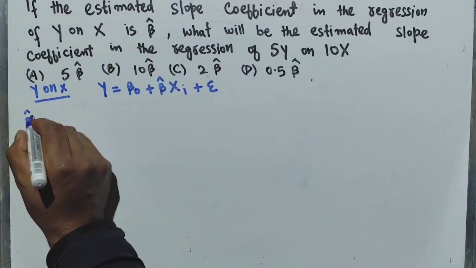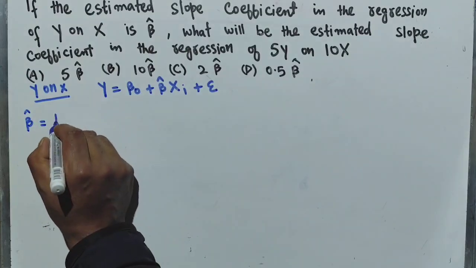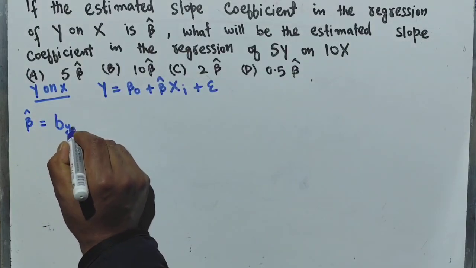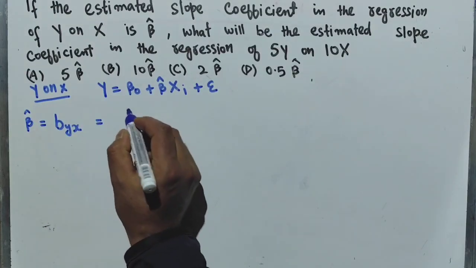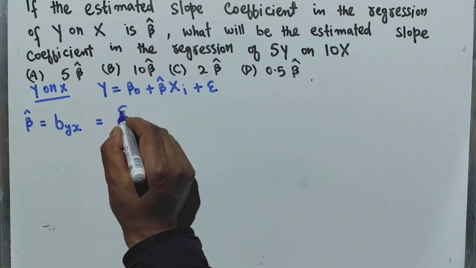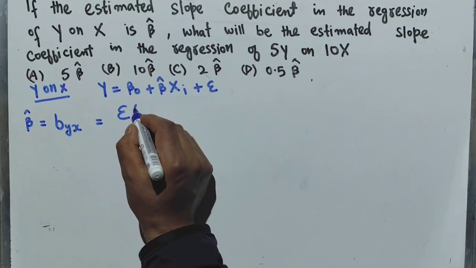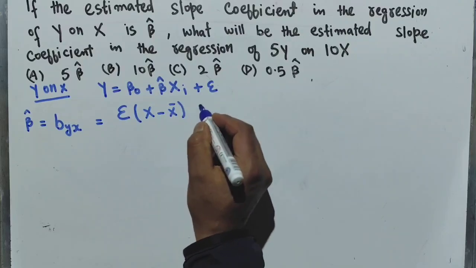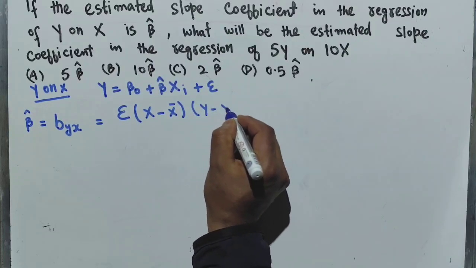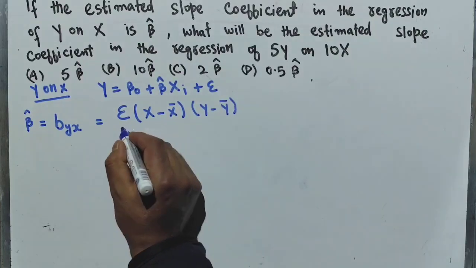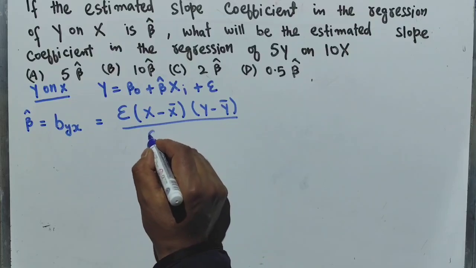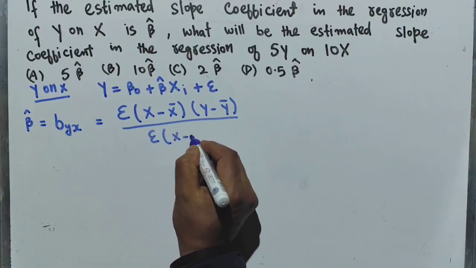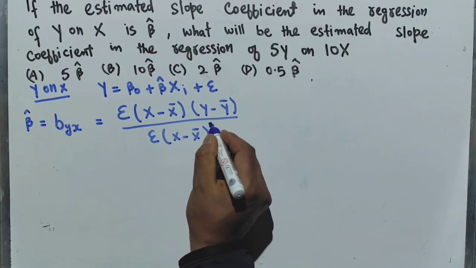So beta hat, which is equal to b_yx, is given by the summation of (x minus x bar) times (y minus y bar) divided by the summation of (x minus x bar) whole square.